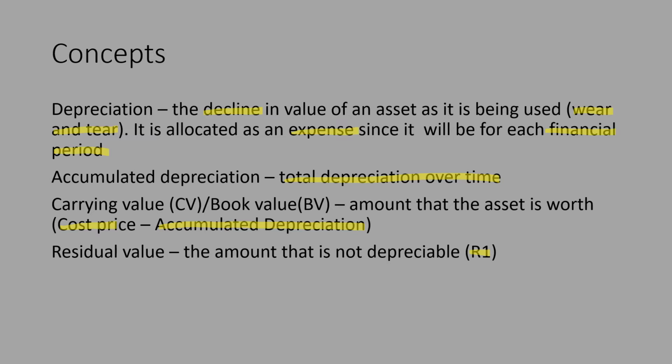So let's say you bought a vehicle for 100,000, and your depreciation was at 20% per annum. Then after 5 years it will have been fully depreciated, right? That's 20%, which is 20,000 every year.